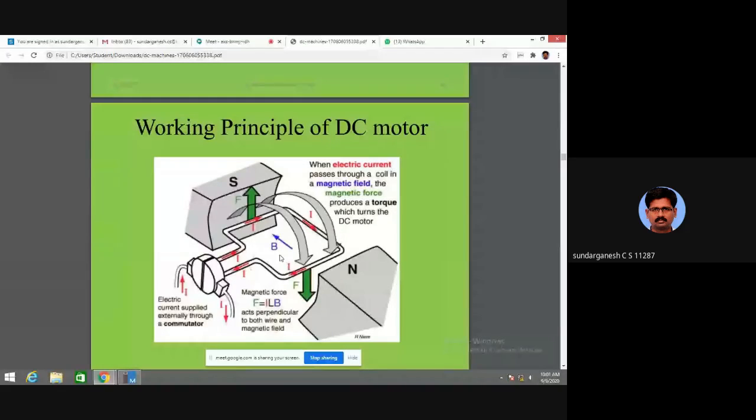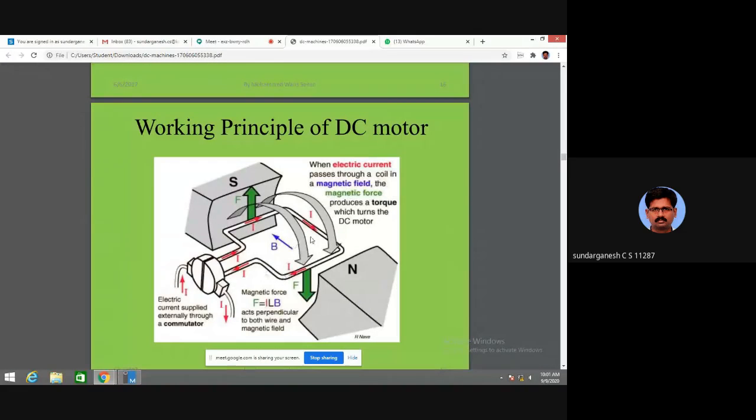So two magnetic fields are inside the machine. These two magnetic fields will interact and cause the rotor to rotate in a particular direction, depending upon the direction of the current supplied. If you change the direction of the current, then if it was first rotating clockwise, it will turn anticlockwise.